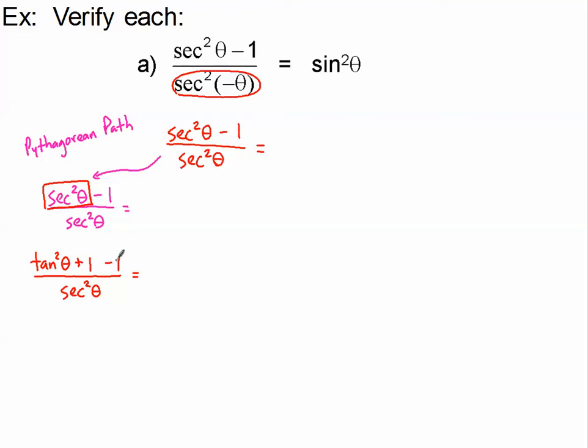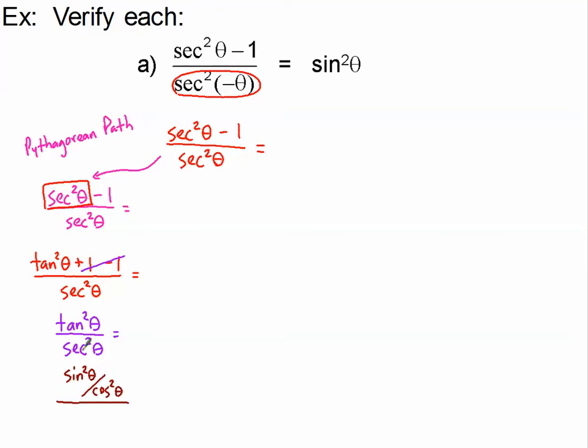Now I see that plus 1 and minus 1 will actually cancel away, and I will have tangent squared divided by secant squared. So it might look a little bit simpler. Let's see what I can do now. I might just change everything to sines and cosines at this point and see what happens. So tangent squared is equal to sine squared divided by cosine squared.